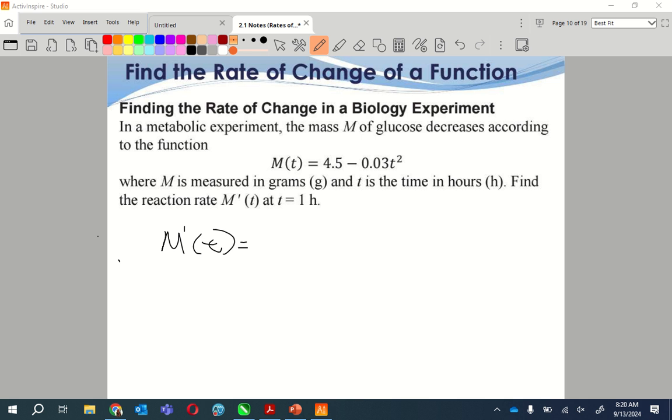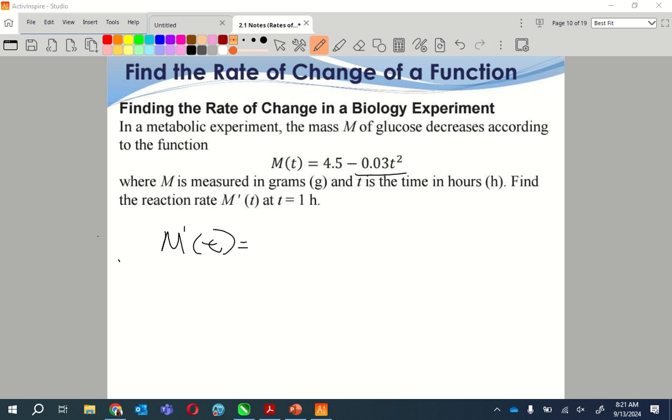Now, does 4.5 have a variable? There's no variable, right? So guess what happens if it has no variable? Let's go back a little bit before we hit that 4.5. Let's hit this one right here. What do I do with that t squared?